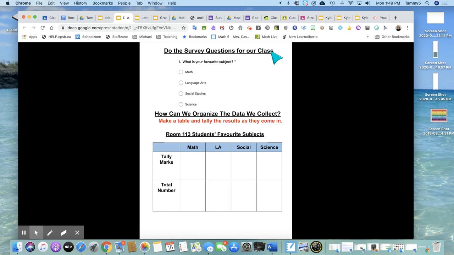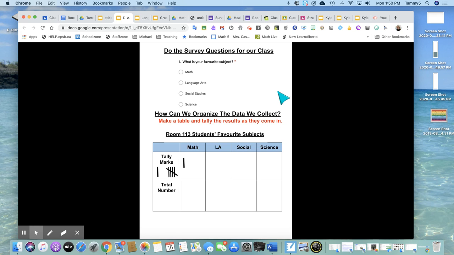And I've created the 4 subjects, math, LA, social, and science, so that we can easily add in our tally marks. So as I start getting your answers in, I can start putting the tally marks under your favorite subjects. So let's pretend that the first person answers math.